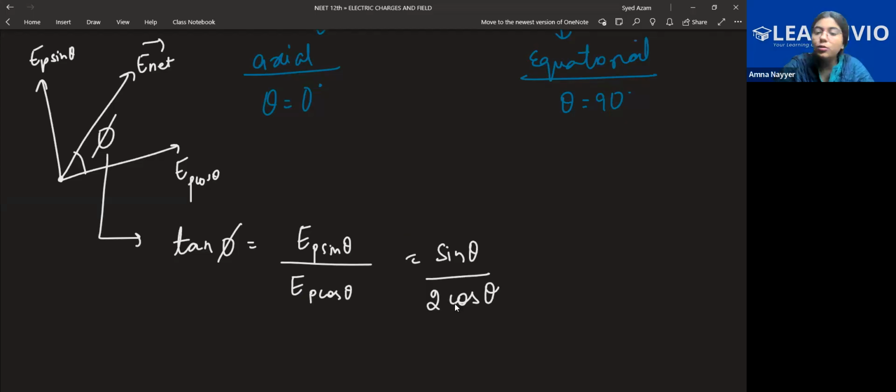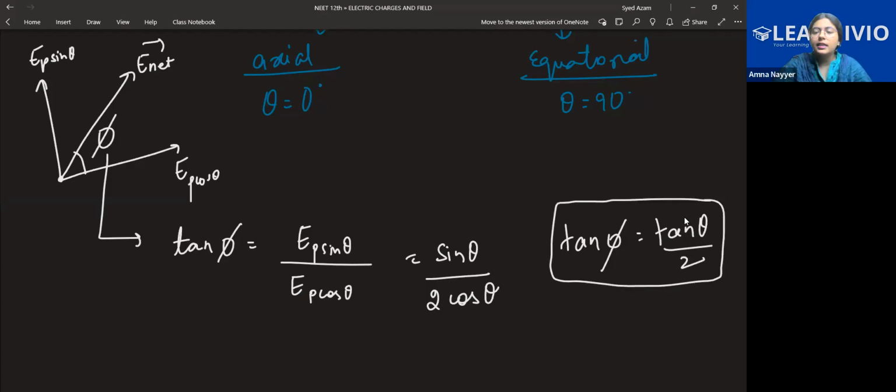So that leads to the relation tan phi is equal to tan theta by 2. So this is one more relation. If you have the value of theta, the angle the dipole makes with the baseline, whether it is a general angle, equatorial or axial, and you have this phi and want to find its relation, don't waste time finding it using geometry. Just halve it, just divide by 2.